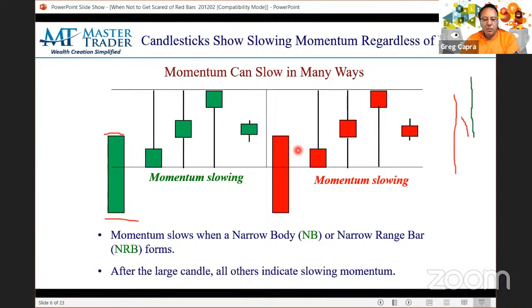But on this slide, what we want to take away is that all of these pictures are telling us that momentum is slowing. Momentum increases and decreases on its own, however trading is happening.